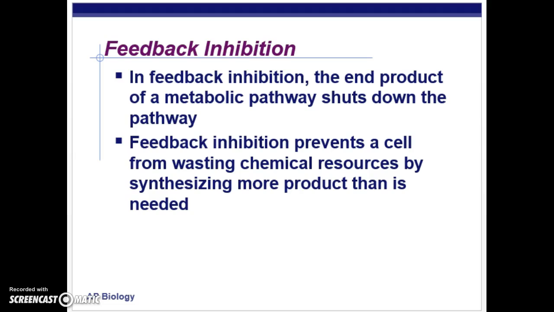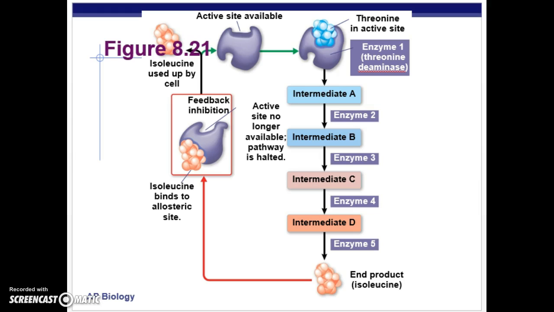So feedback inhibition will prevent a cell from wasting chemical resources by synthesizing more product than it actually needs, because the product acts as a signal saying we have enough. So this next slide will show a diagram of how that actually works.